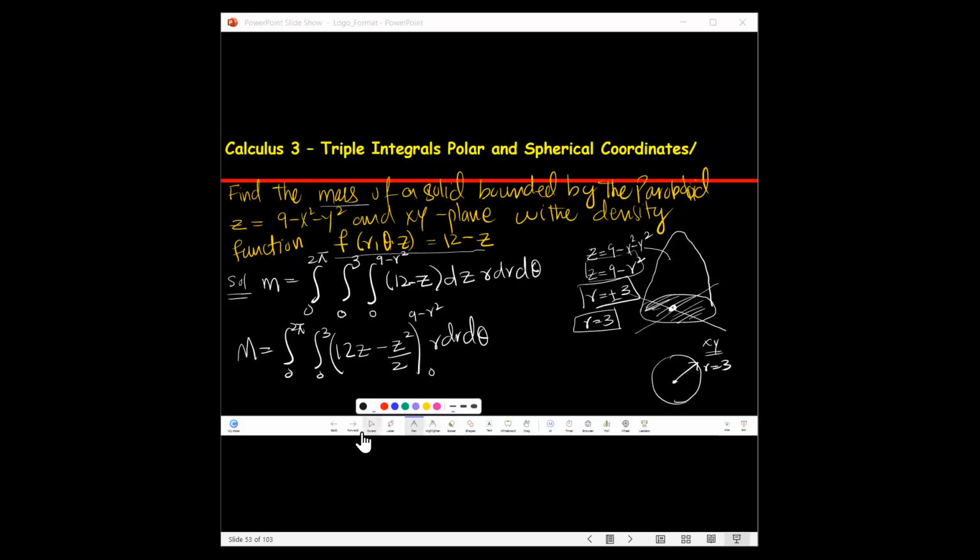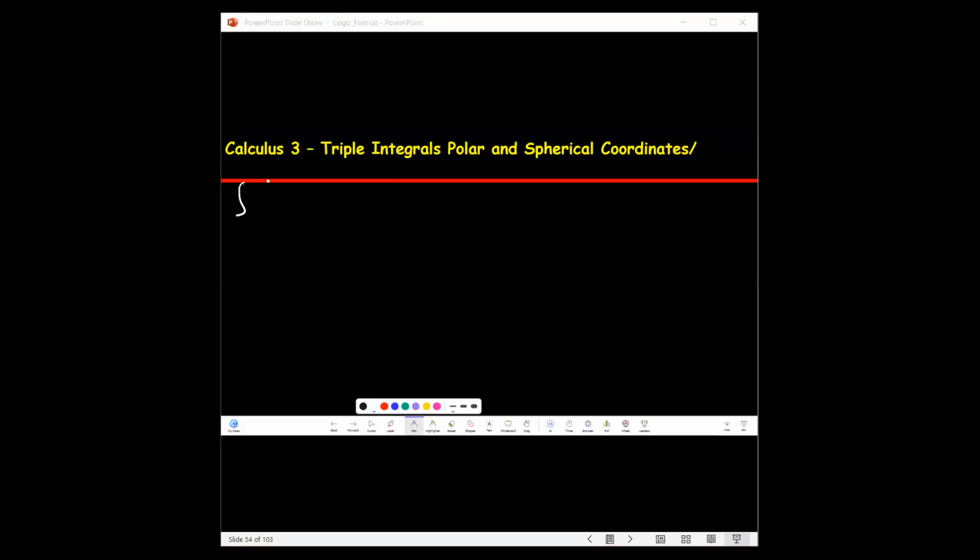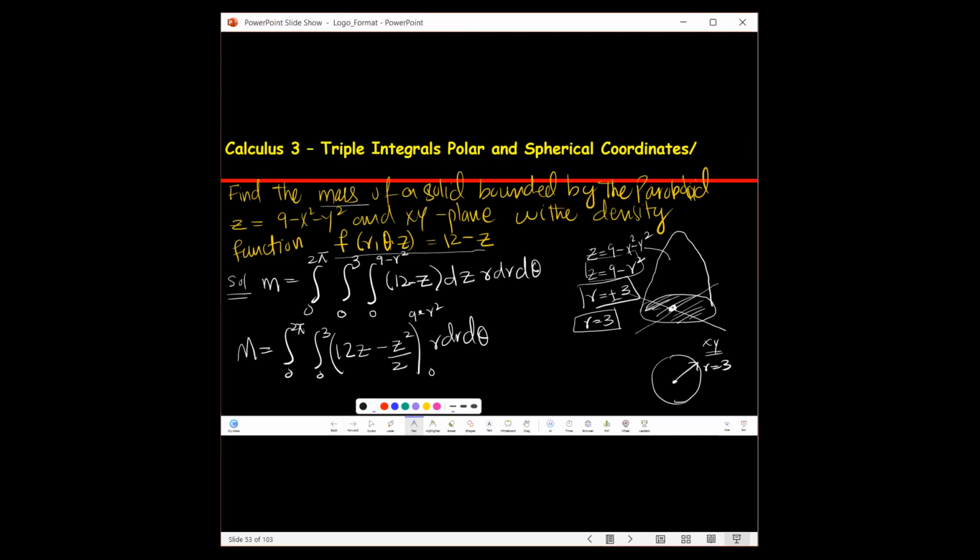I'm going to go to the second page to continue this problem. I'm going to write this again. All I can do is take this 9 minus r squared and substitute it into the z value, so we can make it simple.